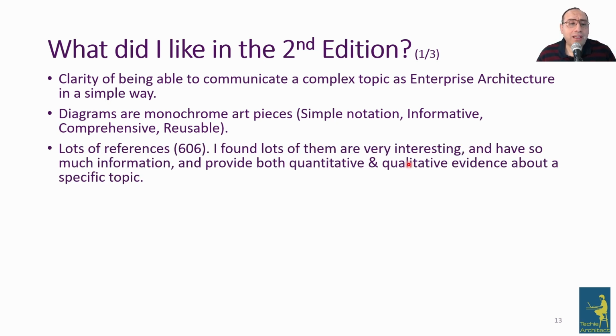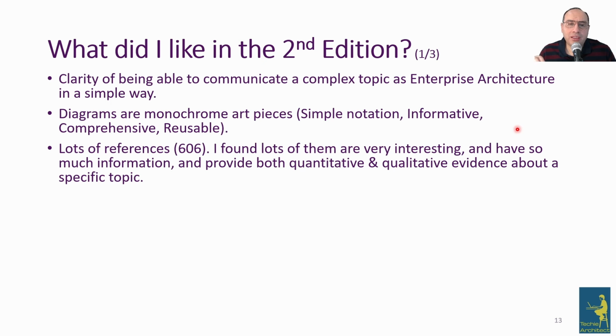The book has a lot of references, and to be exact, this second edition has more than 600 references, a huge number. I found lots of them very interesting, with so much information, providing both quantitative and qualitative evidence about a specific topic. That's why reading the book took a longer time.